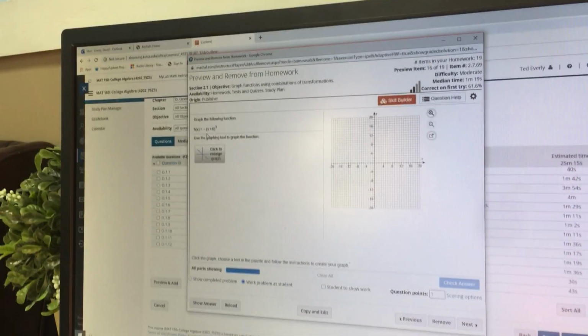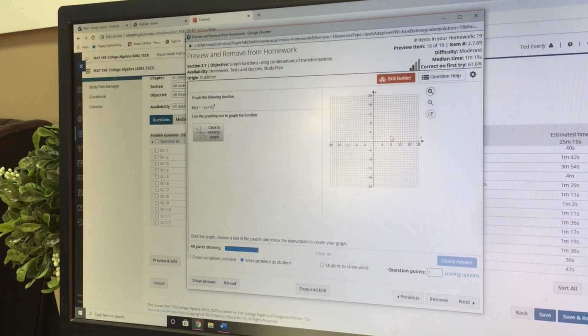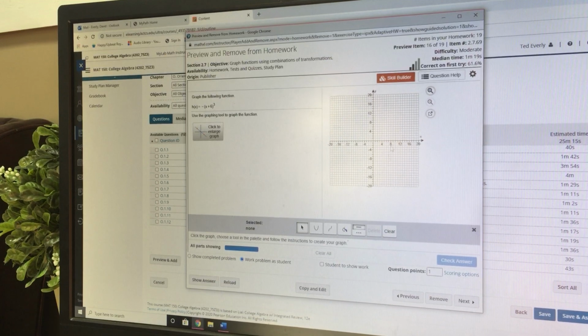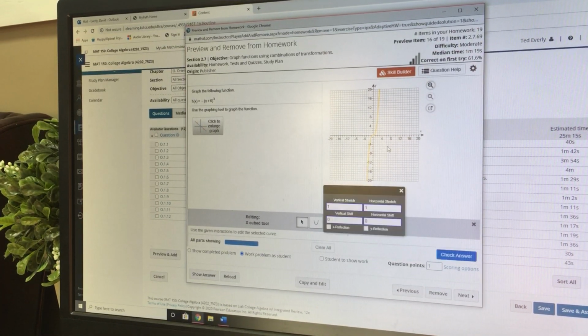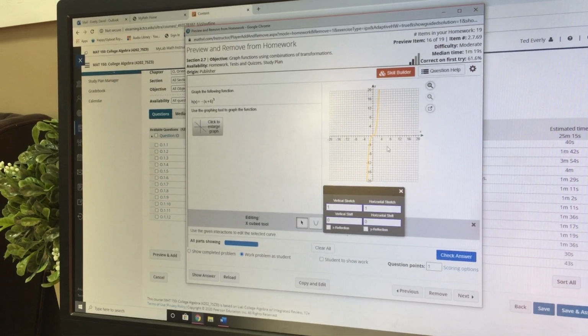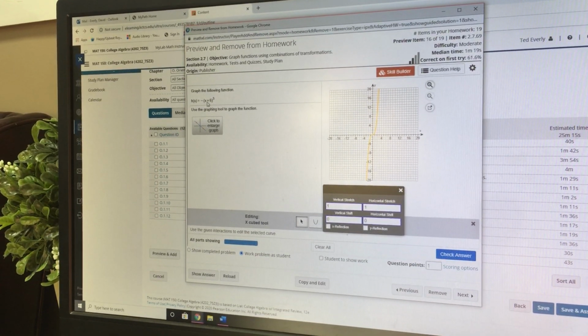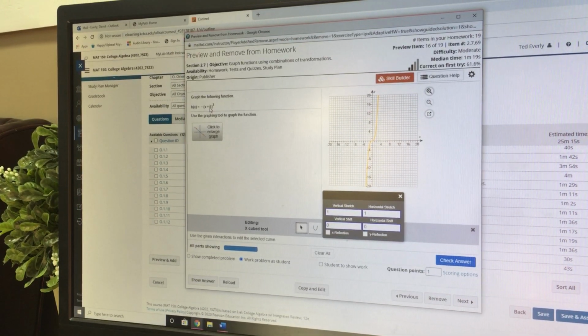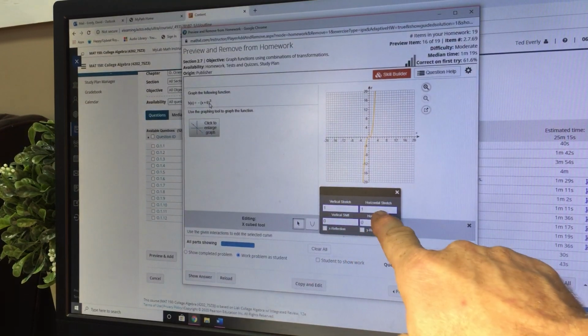Okay. All right. Now, this is a cube function. So I click the graph. We're going to do this cube function. Now, I think this is going to have boxes, I believe. Yep. The absolute values don't have boxes, but the other ones do. All right, so if I look at this, we don't have any stretch, so there's no vertical stretch, no horizontal stretch.